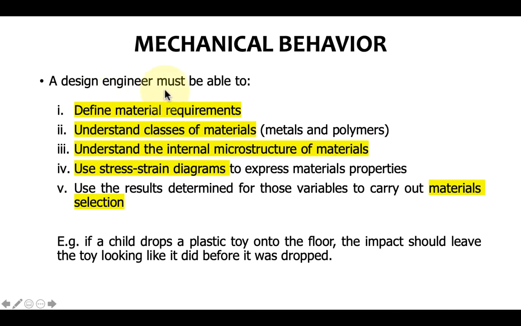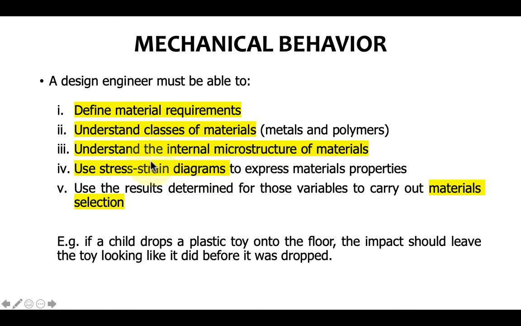A design engineer must be able to define material requirements. Second, they need to understand classes of materials, such as metals and polymers. Other than that, they need to understand the internal microstructure of materials, which can be crystalline or amorphous.